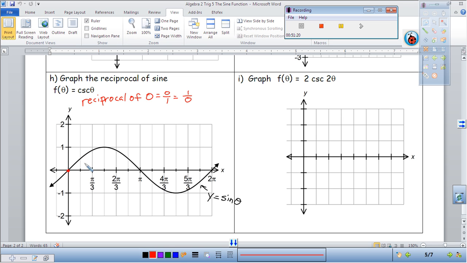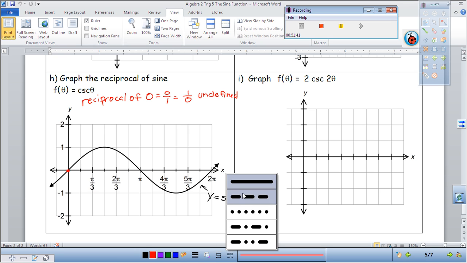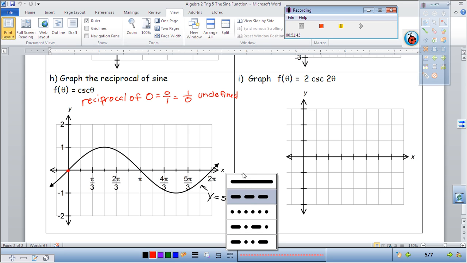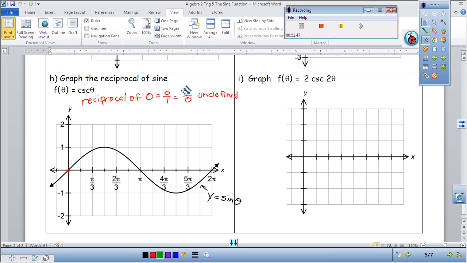Undefined. It's not 0, it's undefined. Okay, so that means there's an asymptote here. So you're going to draw an asymptote right here.